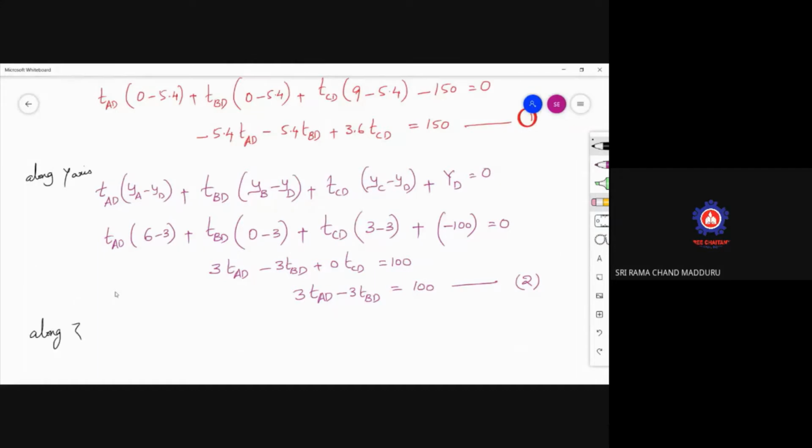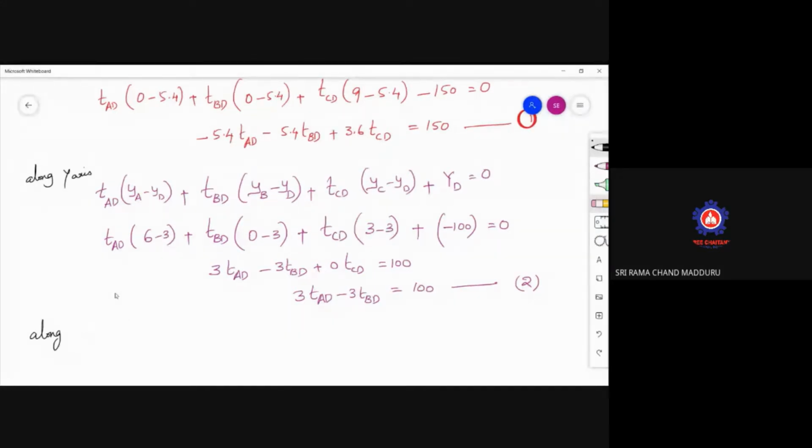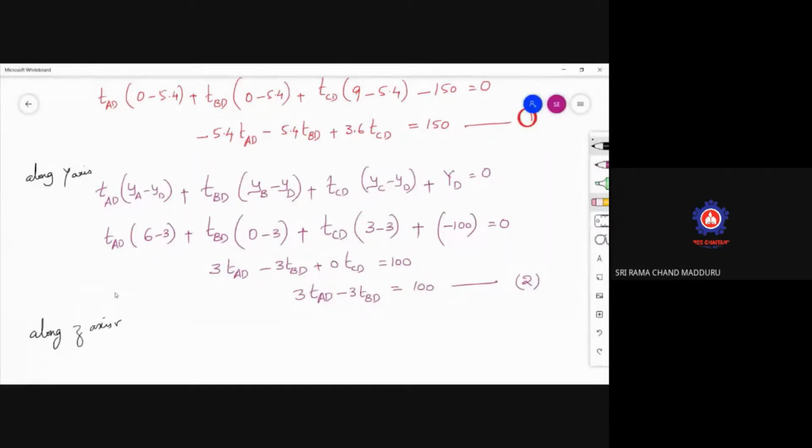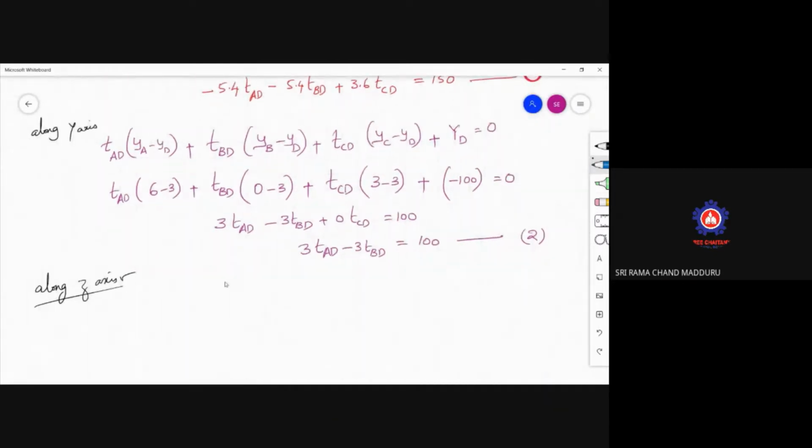Along the z-axis, once again write down the equilibrium equation along the z direction.